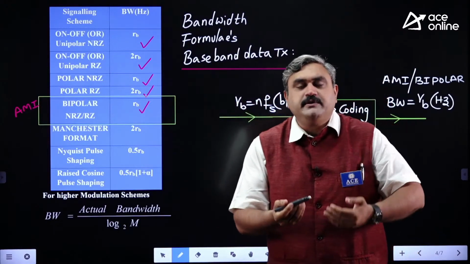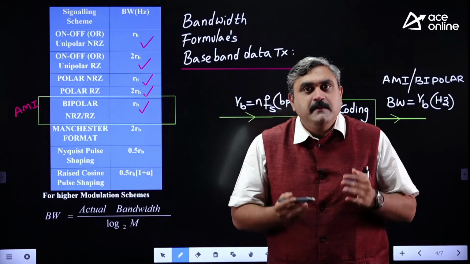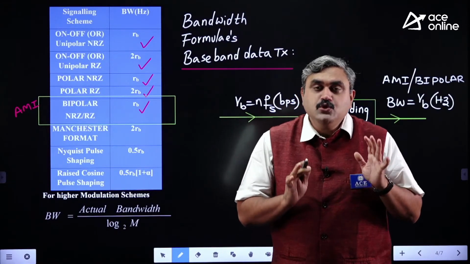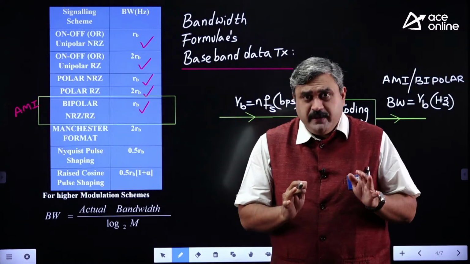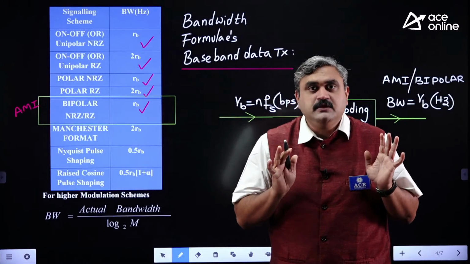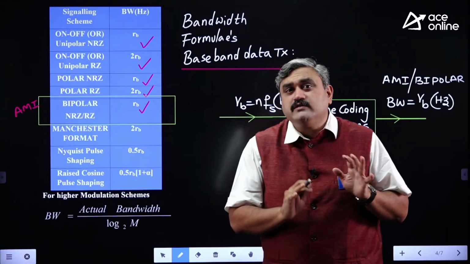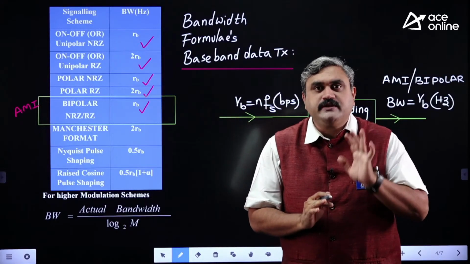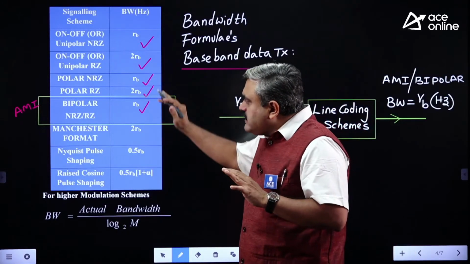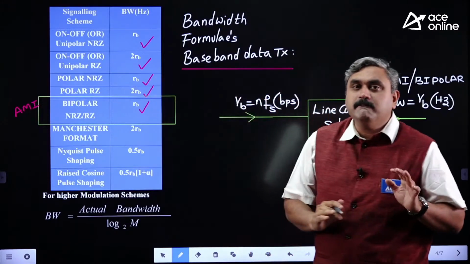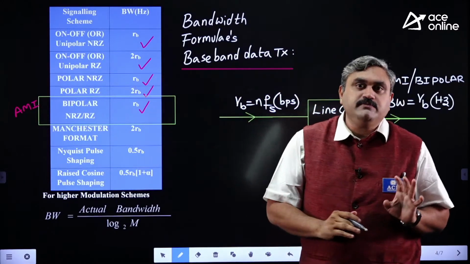Bandwidth will increase tremendously. I explained yesterday, bandwidth is like money. You have to get your work done by spending as little money as possible. So increasing bandwidth is not a good idea up to a certain extent. That's the reason generally we fix most of the times to bipolar NRZ coding schemes.